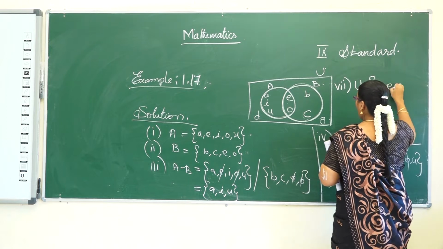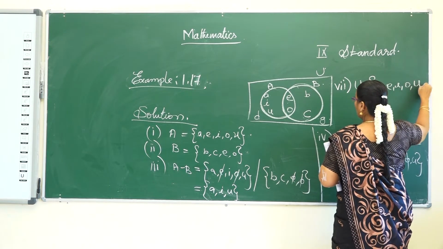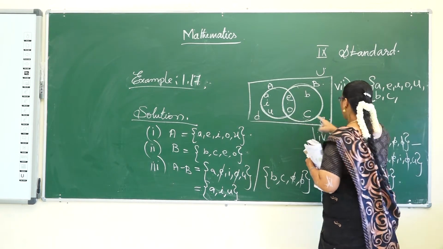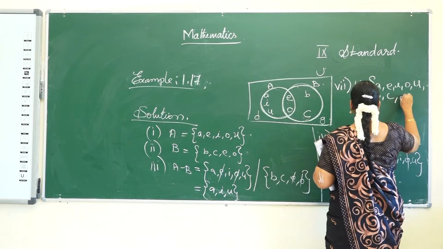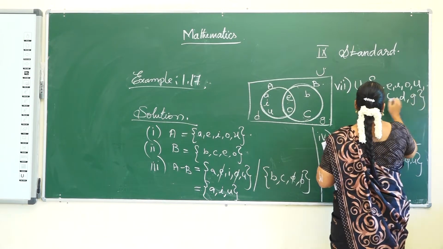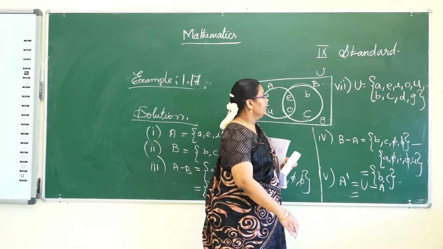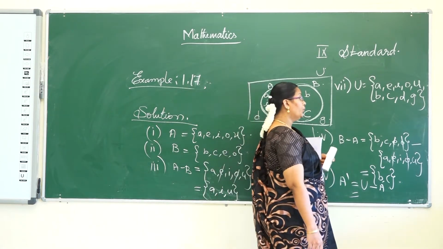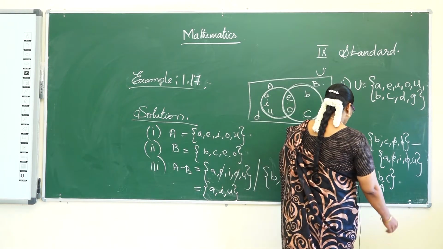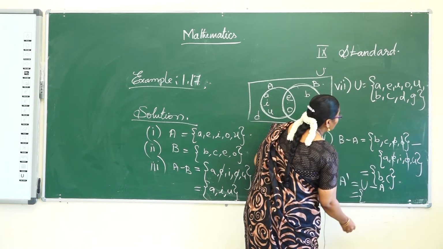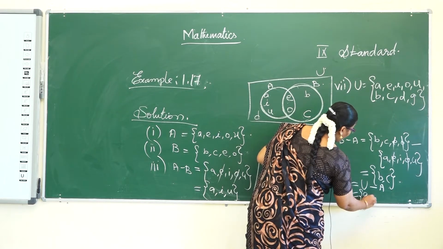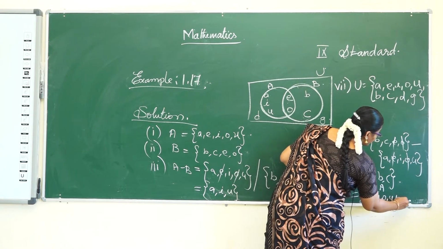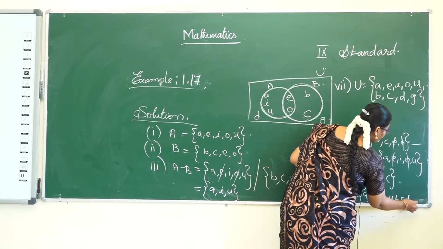A, E, I, O, U, B, C, and then the remaining out of the two sets, D and G, are also there. So all the elements are considered under the universal set. The universal set is A, E, I, O, U, B, C, D and G.